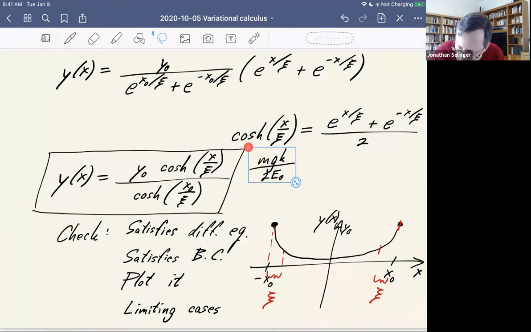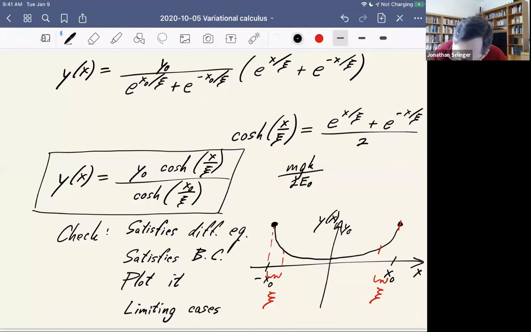This thing is 1 over psi squared. So that means that psi is the square root of 2e naught over mgk.